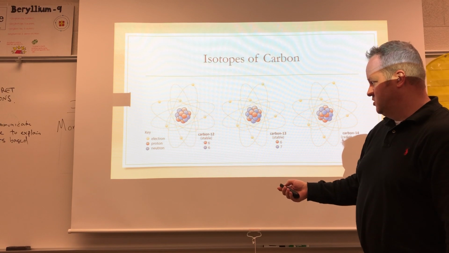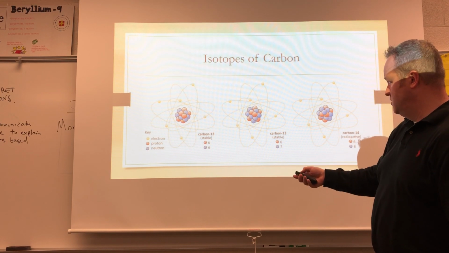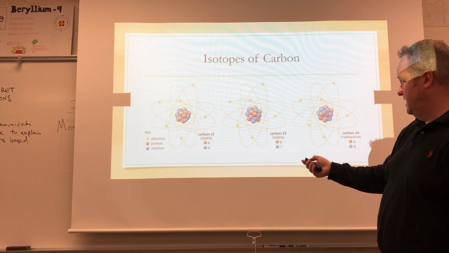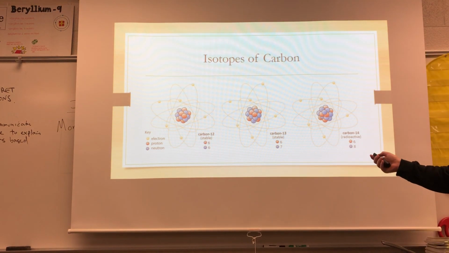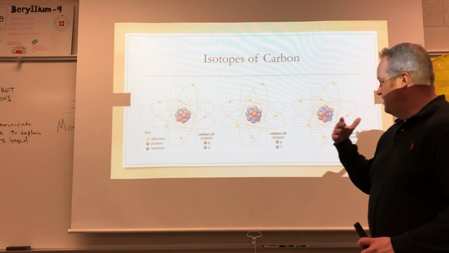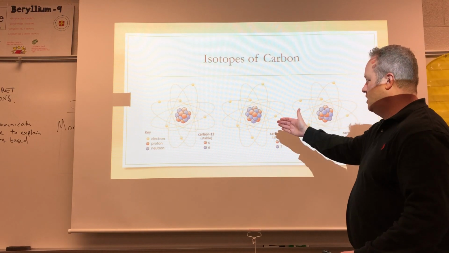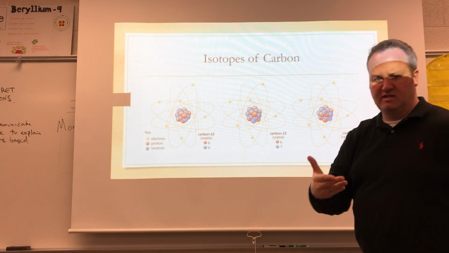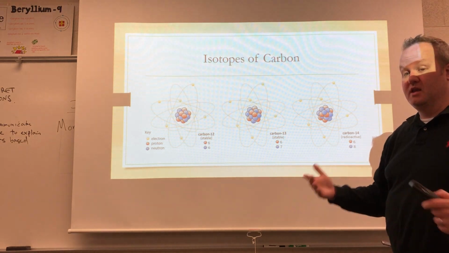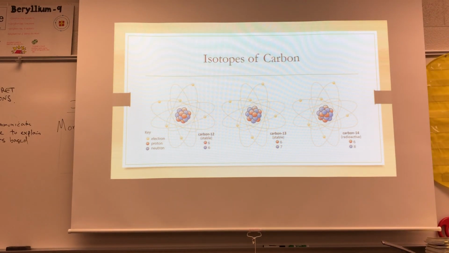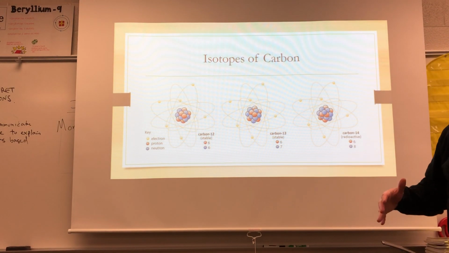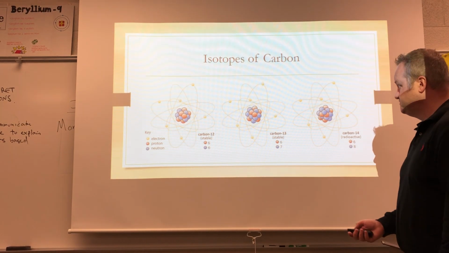Carbon-12 has a total of 12 particles in the nucleus. Carbon-13 has 13. Carbon-14 has 14. Now, they will all have the same number of protons because every atom of carbon has 6 protons. That is the atomic number of carbon, and any atom that is carbon will always have 6.